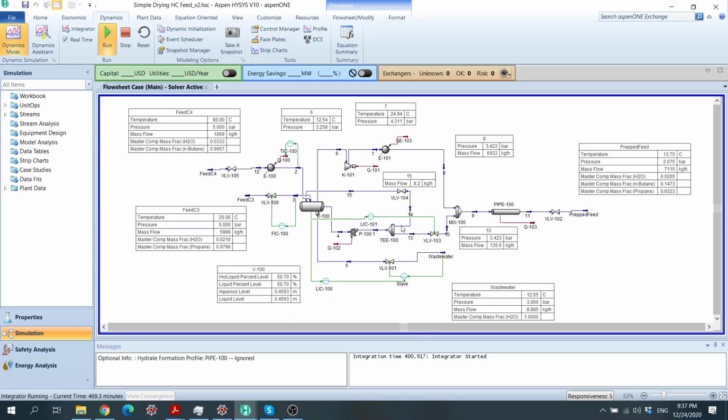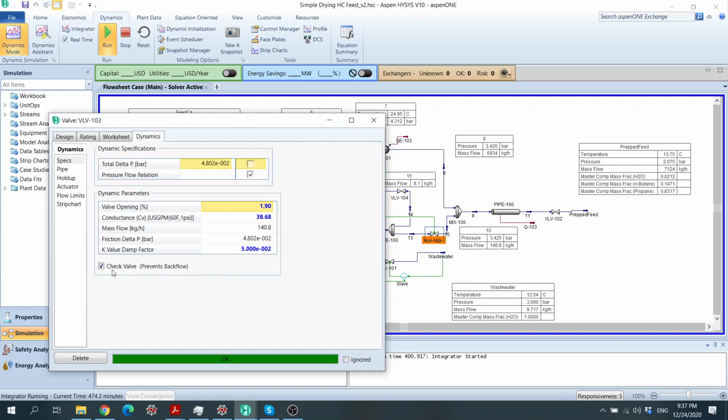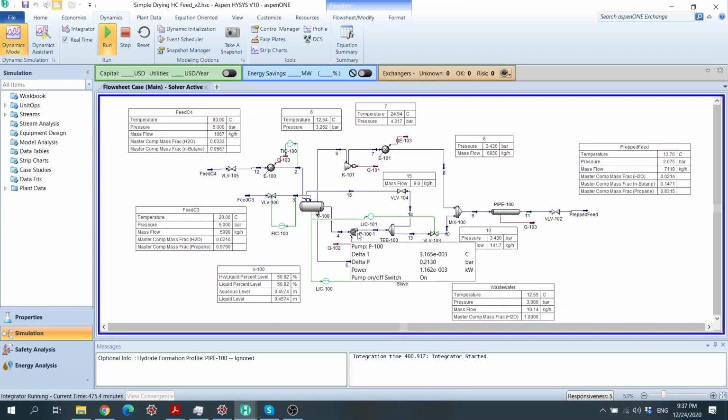Last time we saw that this pressure is too high, so it goes back to shutting down the pump, which I found before Maghrib, and hence I increased the pressure here and made a check valve over here. The check valve prevents backflow, which in real life we do have downstream of the pump. In practice as well, we use process dynamics to evaluate whether our control scheme is correct or not. So that's also the use of process dynamics.